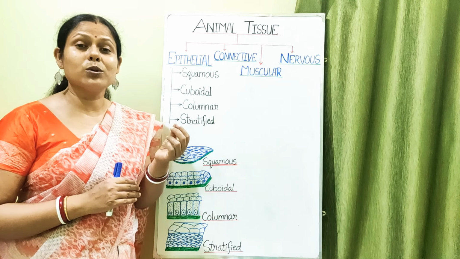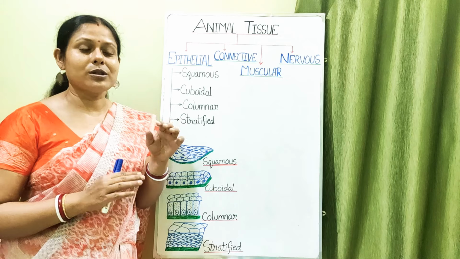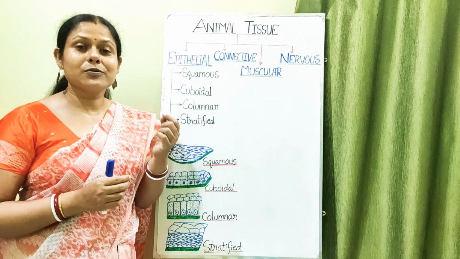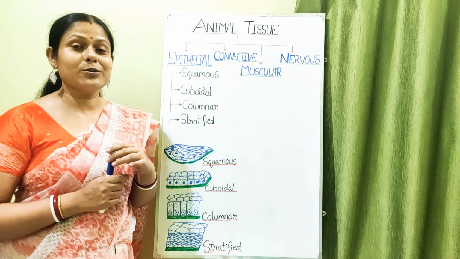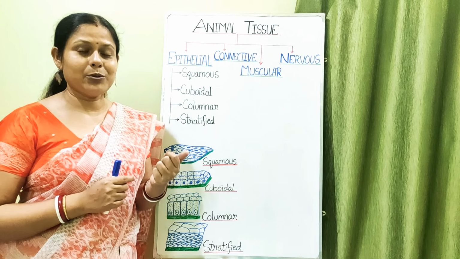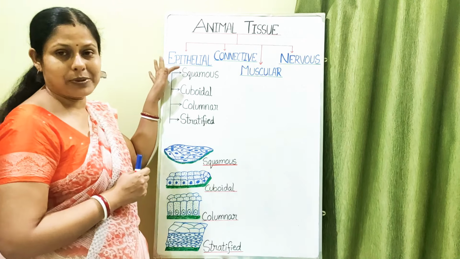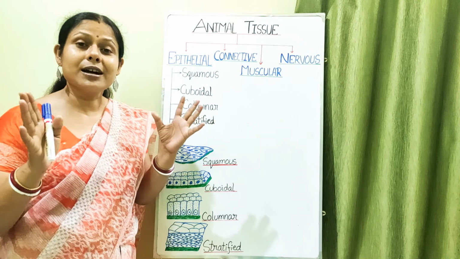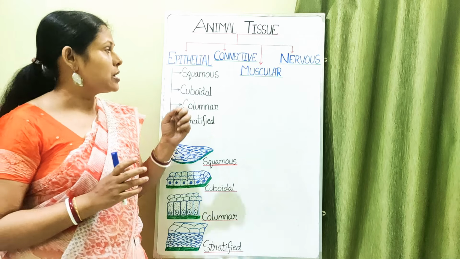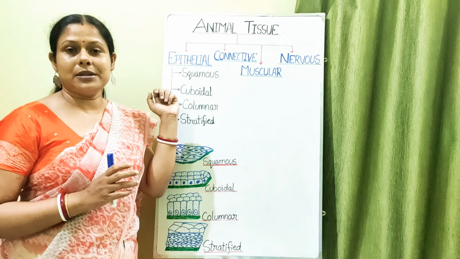Similarly, epiblema was the tissue found around the root, because it was provided with unicellular root hair cells. So that is why it was named epiblema. Anything which is epi means outer. So outer covering tissues will come under epithelial tissue.